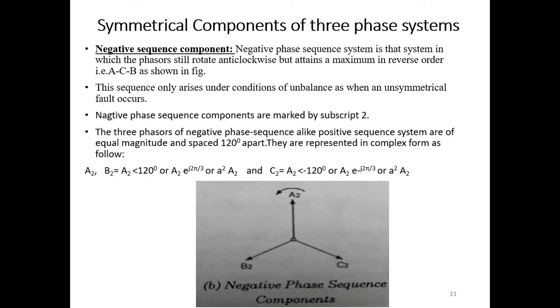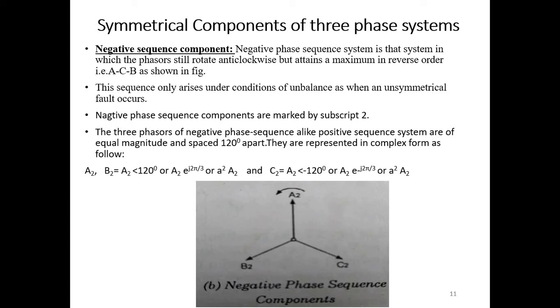Negative phase sequence components are marked by subscript 2. That means capital A2, capital B2 and capital C2 are the negative sequence components of A, B and C phases respectively. The three phases of the negative phase sequence, like the positive sequence system, are of equal magnitude and spaced 120 degree apart. They are represented in complex form as follows. Capital A2 is the negative sequence component for phase A. B2 is the negative phase sequence component for phase B. And what is the relation between B2 and A2?